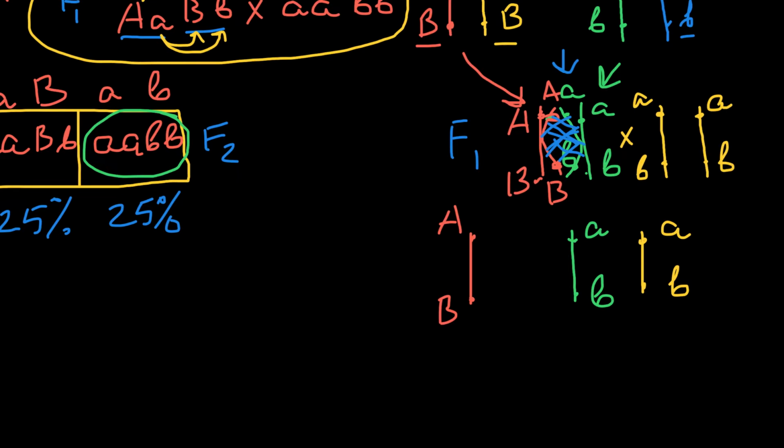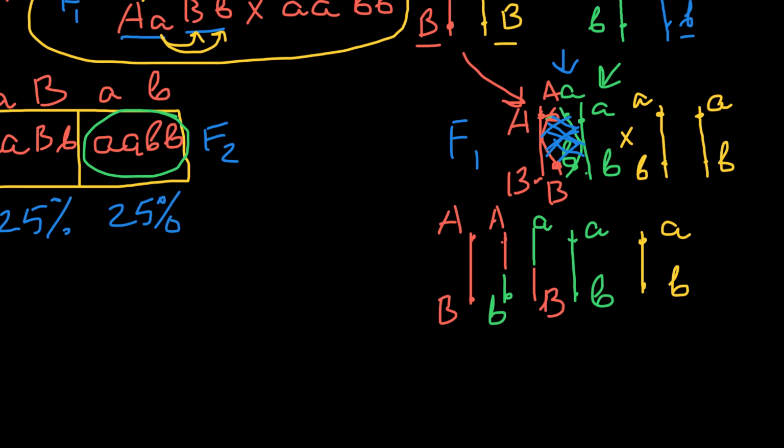So the first variant would be with dominant allele A and with recessive allele B here. And another variant would be with recessive allele A here and also with dominant allele B here. So as you see, we got 4 variants of the chromosomes with different genotypes.